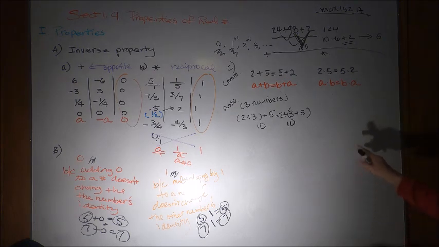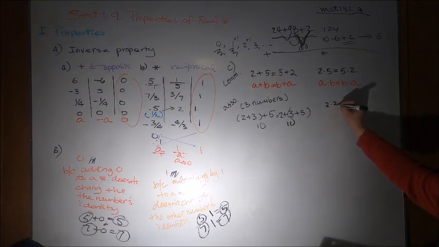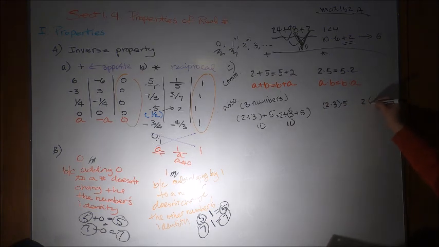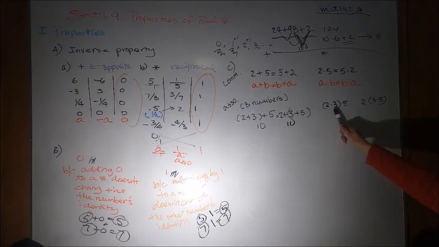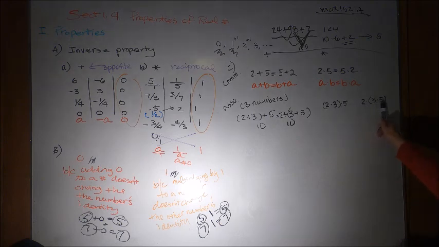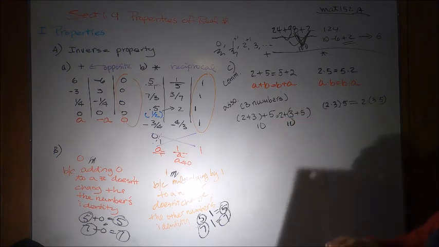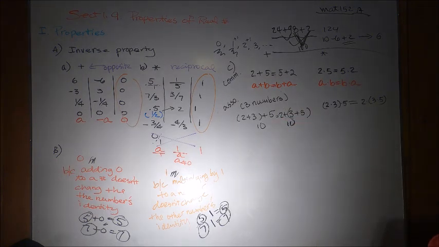So for multiplication, how about 2 times 3 times 5? Is that the same thing as 2 times 3 times 5, grouping the other way? 2 times 3, 6. 6 times 5, 30. 3 times 5, 15 times 2, 30. So they are the same. Okay? So for all the numbers, they have such a property. This property, right? It's called the associative property.